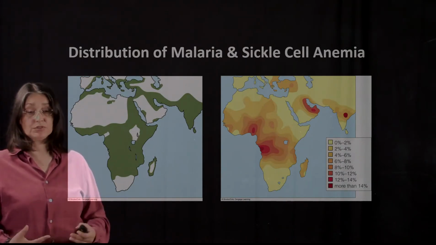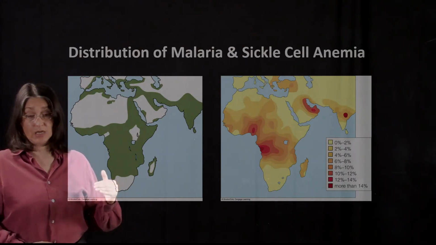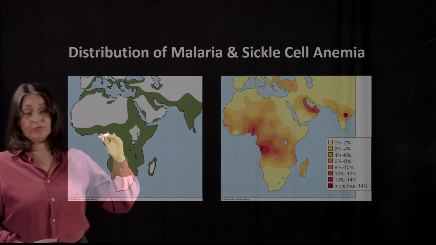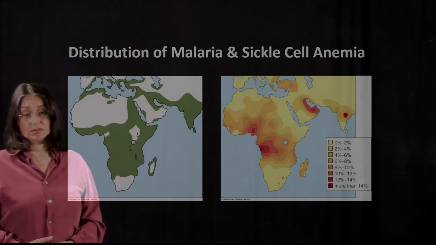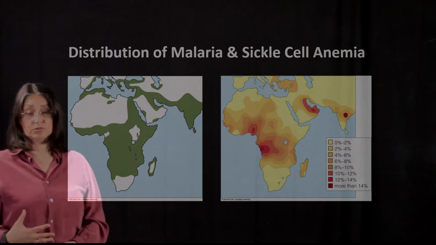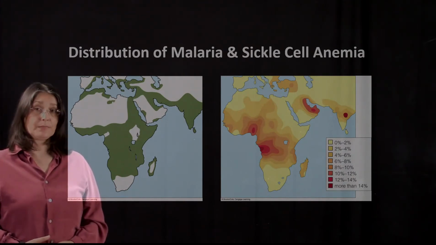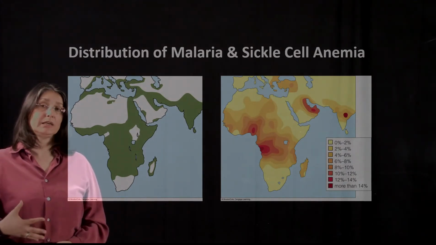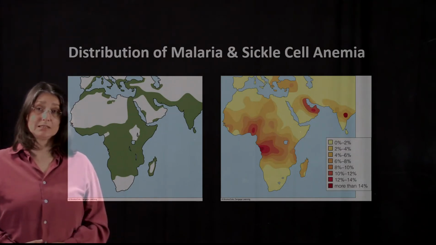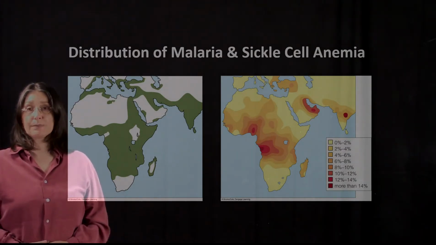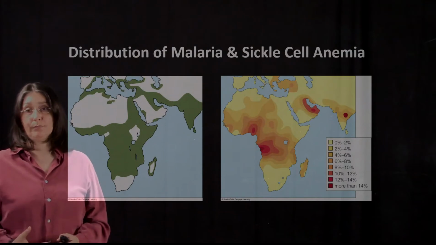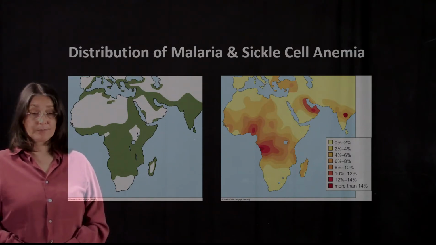And how is it so? At the same time, habitats farther north have found ways to get rid of malaria. In fact, even the word malaria comes from Italian, and it literally means bad air, mal aria, so malaria.